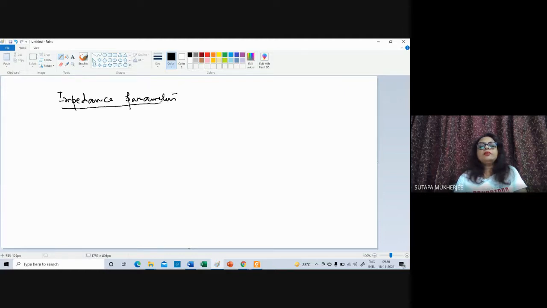So how can you represent it? Already I have mentioned V1 is the port 1 voltage and V2 is the port 2 voltage. V1 is a function of I1, I2. So V1 is equal to Z11 I1 plus Z12 I2, and V2 will be equal to Z21 I1 plus Z22 I2.